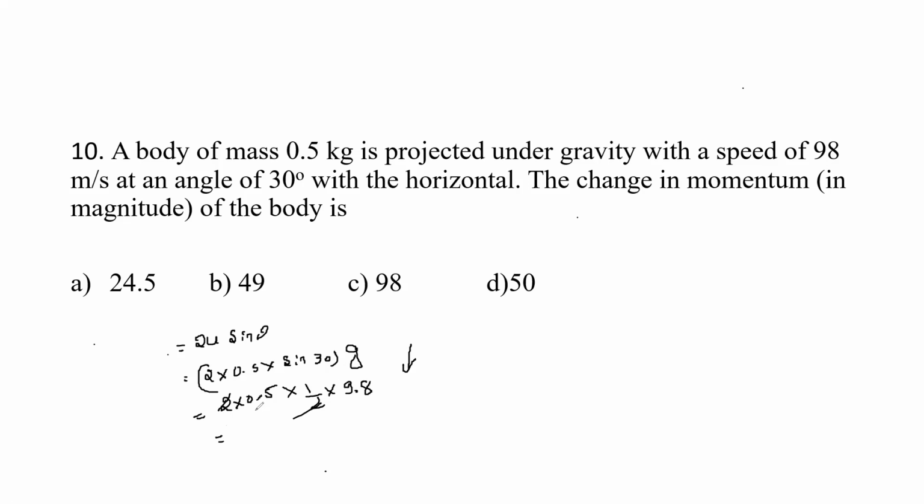So you may get the nearby value here, that is 4.9. Suppose if you take the acceleration due to gravity as 10, then it becomes 49. Therefore, option B is the correct option here. If you take g is equal to 10, you will get 49.